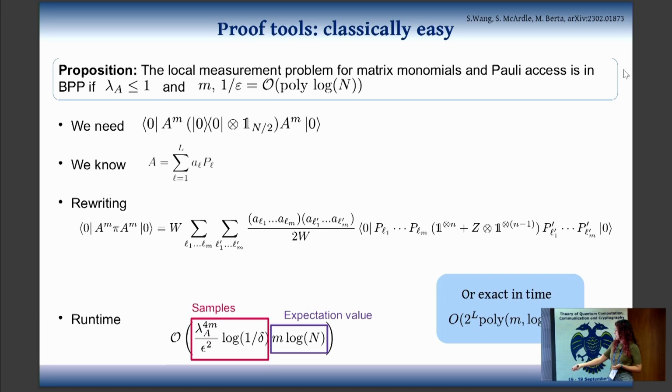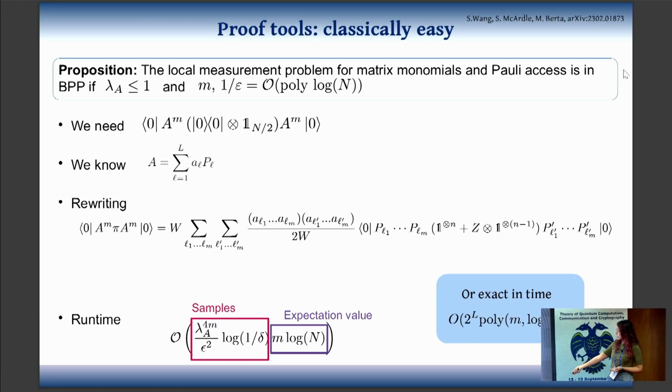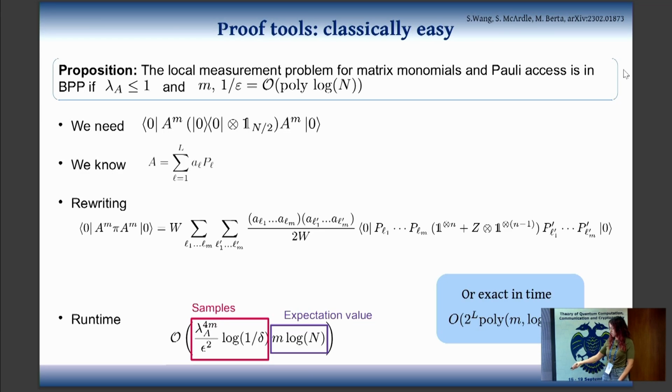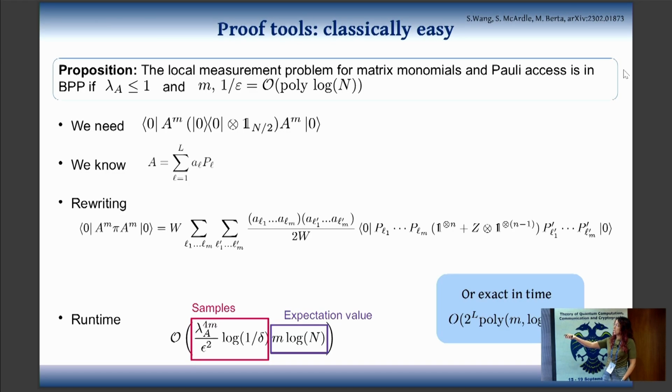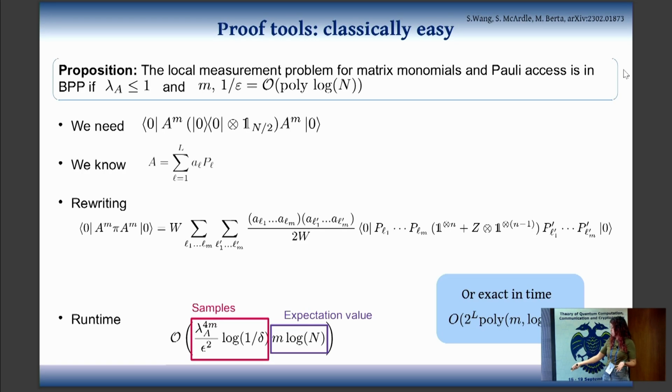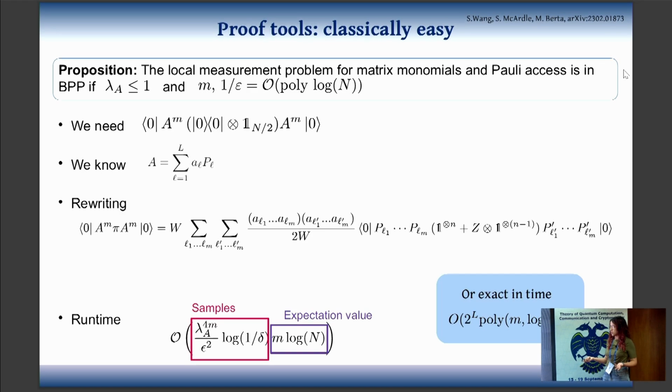So the time to compute this exactly is given there, 2 to the L, the number of terms, times the complexity to calculate each of the terms exactly. So in this case, you see that if the number of terms is doubly logarithmic with the dimension of the matrix, then even the exact algorithm is efficient. So you proved again some instance for which the problem is not classically hard.